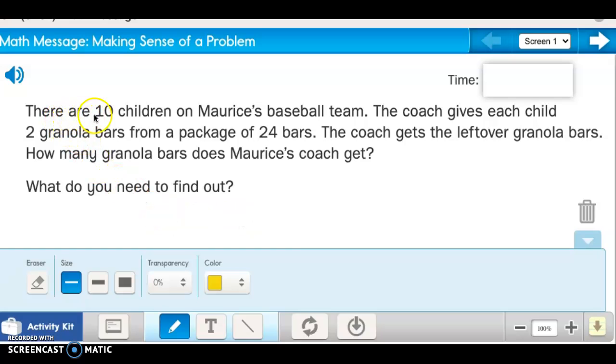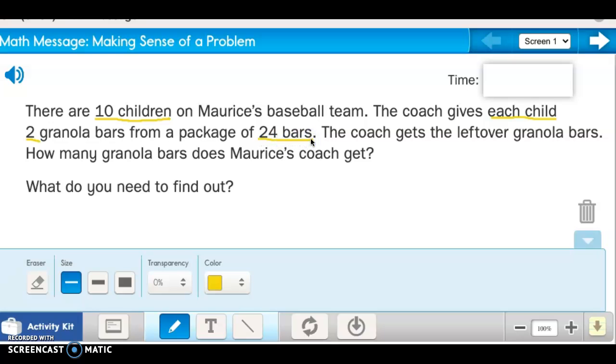So the first thing is, what do we know? We know that there are 10 children. We know that the coach gives each child two granola bars, and there are 24 bars.